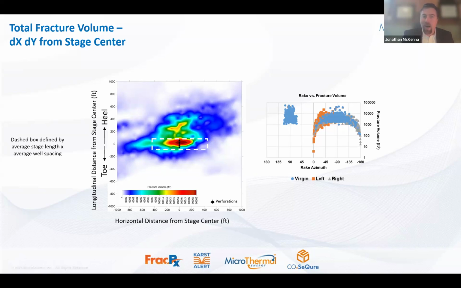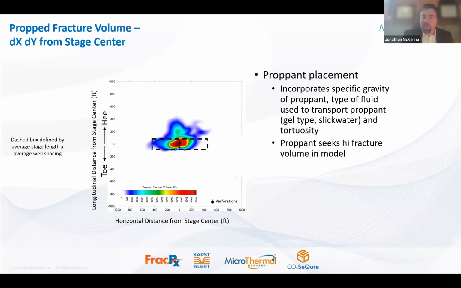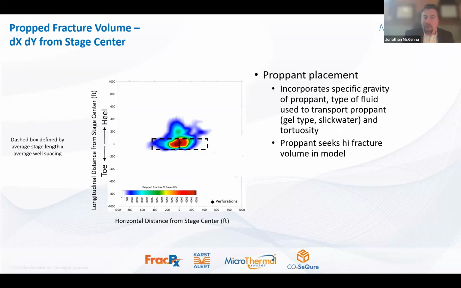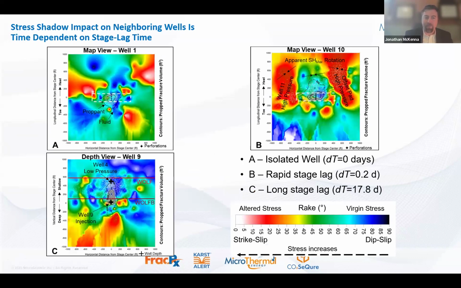So it goes into how we've modeled these fractures. And then when we inject proppant into that fracture volume, it also is guided by how that fracture volume is distributed. And that proppant is essentially forming the core of our fracture volume. And we see how that proppant would be distributed.